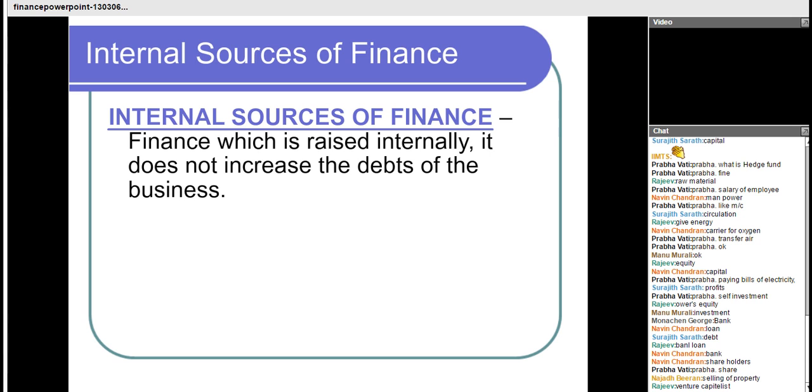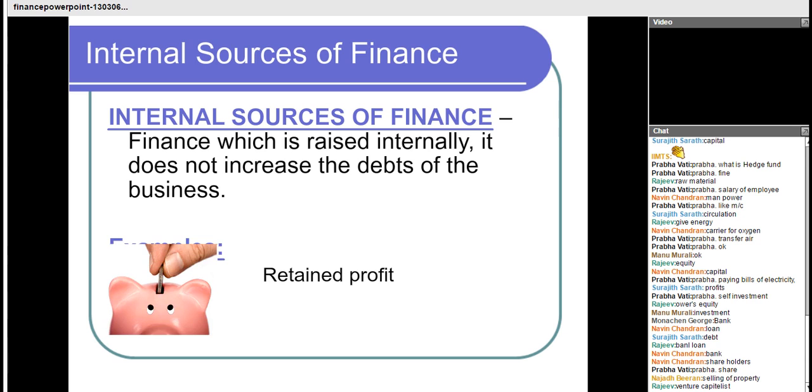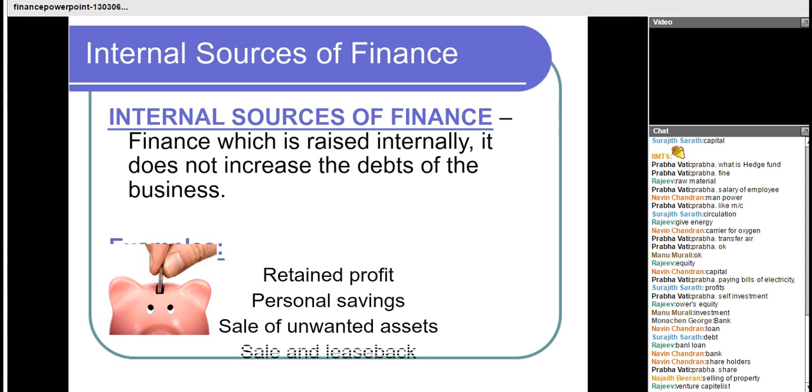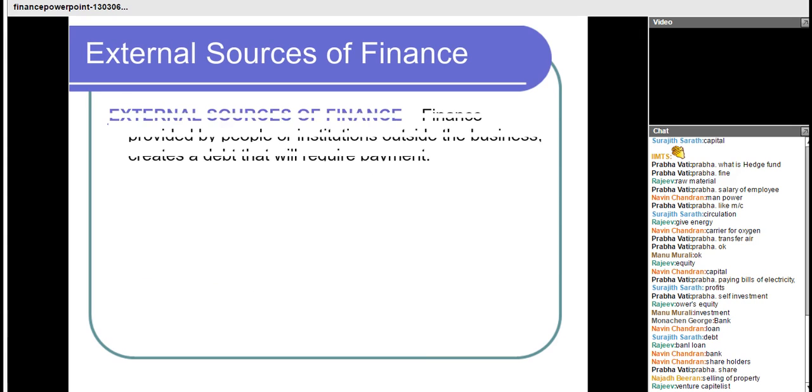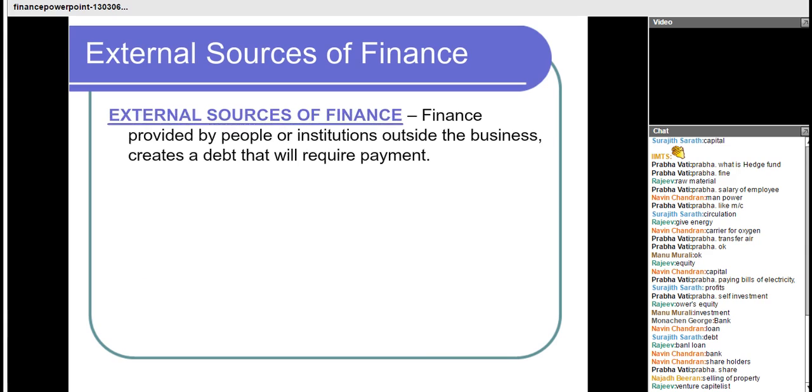Those are some of the internal sources. You can say savings, retained profits. But retained profits are available only in case of a running, existing business. Then sale of unwanted assets, sale and lease back. But for a startup, the basic is personal savings.